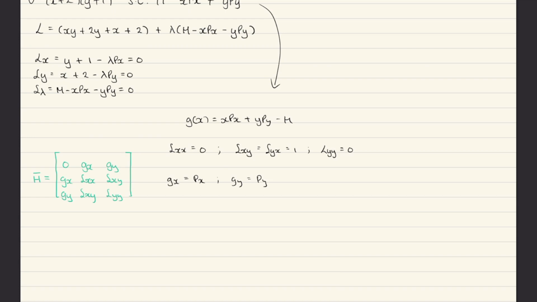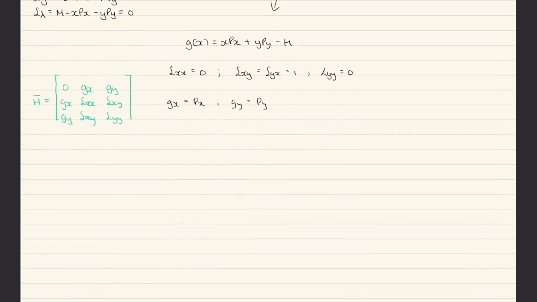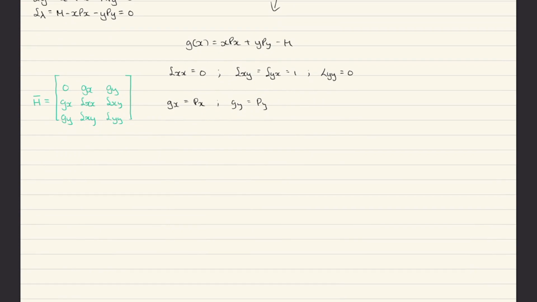And then after you've done that, in order to determine whether the bordered Hessian matrix reflects a maxima, a minima, or a saddle point, you just find the determinant of this, which is pretty simple in my opinion. So you write the bordered Hessian matrix determinant, which is equal to 0, g of x is px, g of y is py, same thing here.